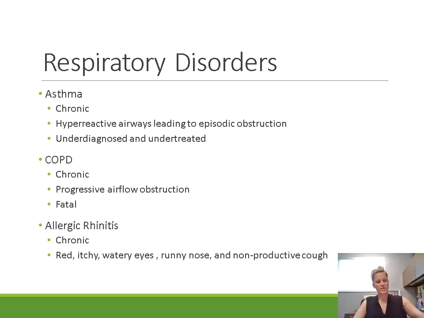When we talk about delivering drugs for all of the respiratory disorders, drugs can be delivered in various ways. Drugs are frequently delivered topically, so to the nasal mucosa in allergic rhinitis, or we give drugs via inhalation, so they're delivered to the airways and the lungs in asthma and COPD.